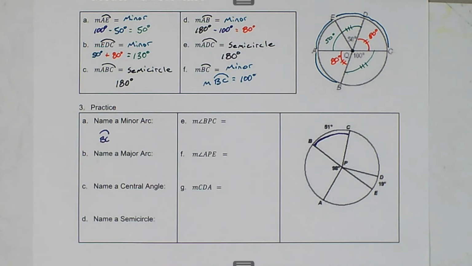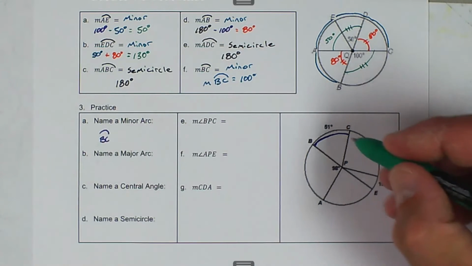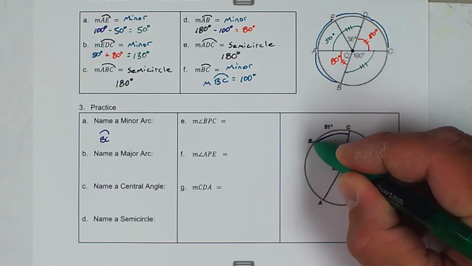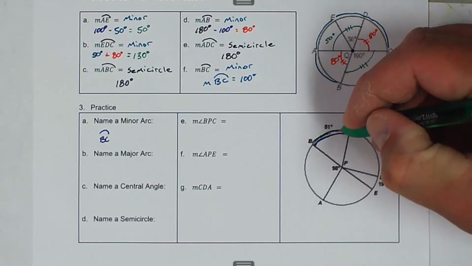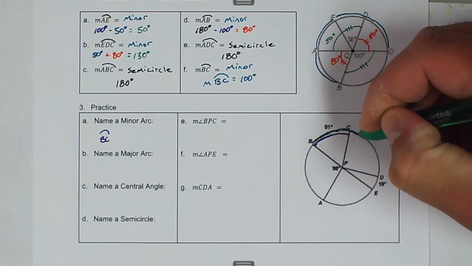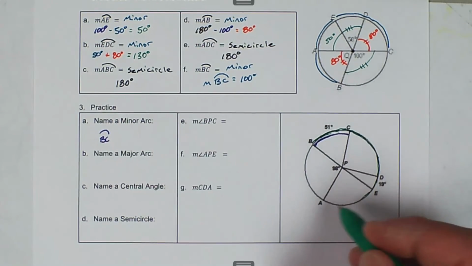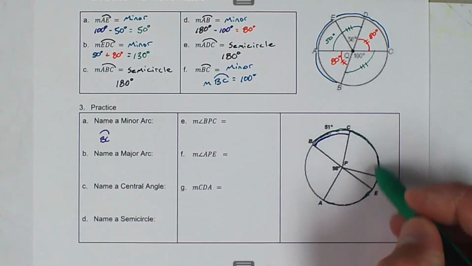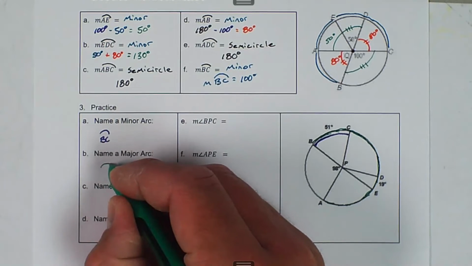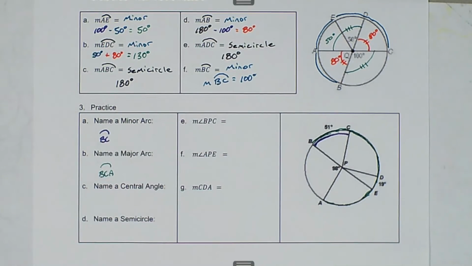A major arc that we can name is BCA because that definitely goes over 180 degrees. There's a lot more that we could name, but we can see that we keep going around and around, and we go past 180 degrees. So BCA is going to be a major arc. Arc BCA.